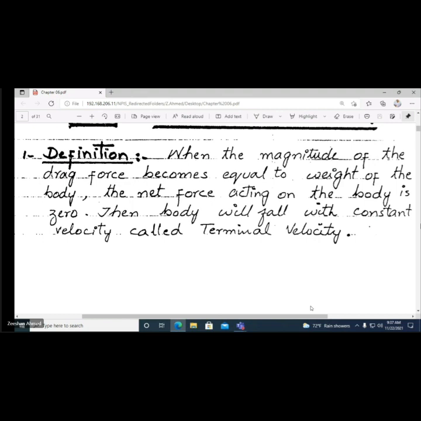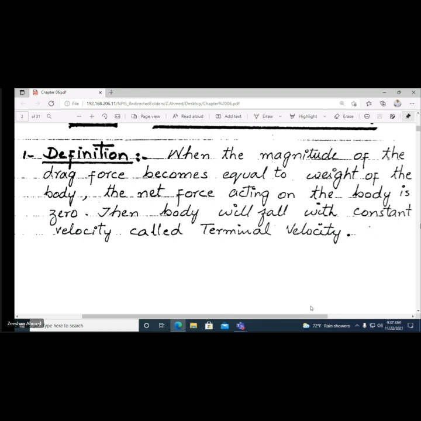Why with constant velocity? Because at this time, the weight of the paratrooper, including the parachute, will become equal to the drag force, the opposite force. When this happens to any object, either it is a fog droplet, a rain droplet, or the motion of a paratrooper, the object's acceleration will become 0 and the object starts to fall with constant velocity.